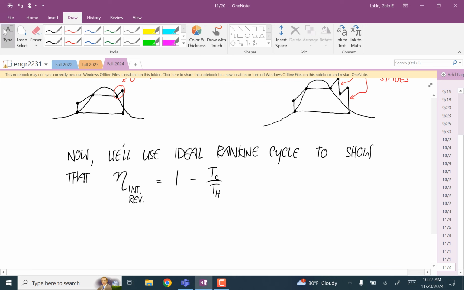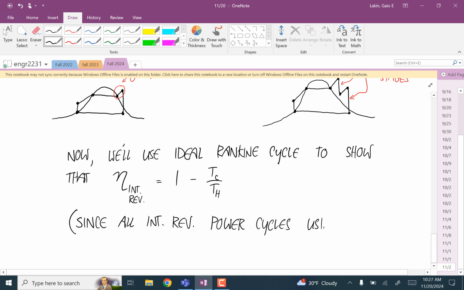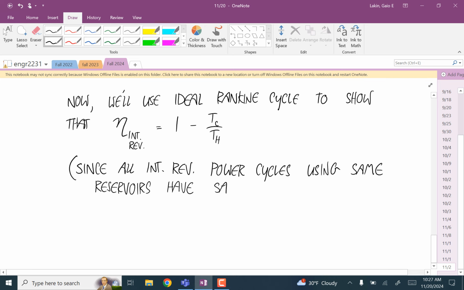And what's the point of that? Well, since all internally reversible power cycles using the same reservoirs have the same efficiency, this is what we're calculating then, the ideal efficiency.